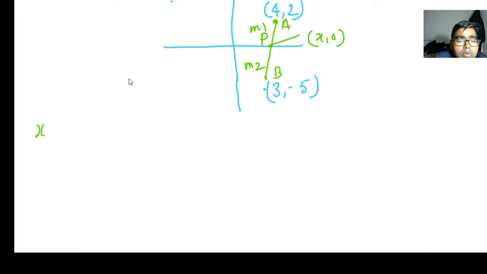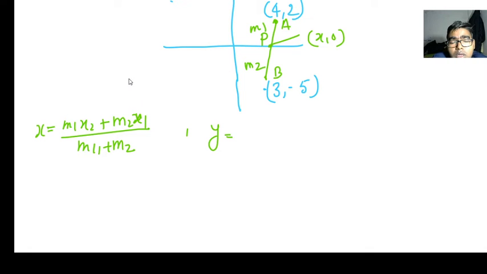So write the formula: x equals m1 x2 plus m2 x1 divided by m1 plus m2. Similarly, y equals m1 y2 plus m2 y1 divided by m1 plus m2.